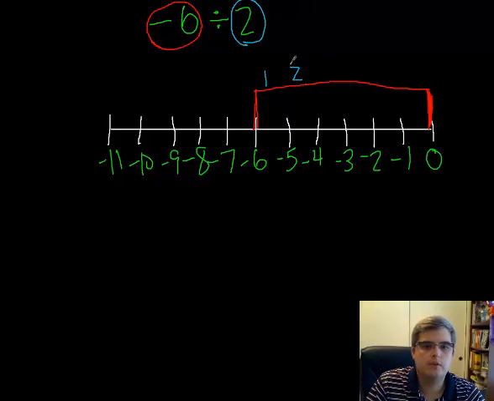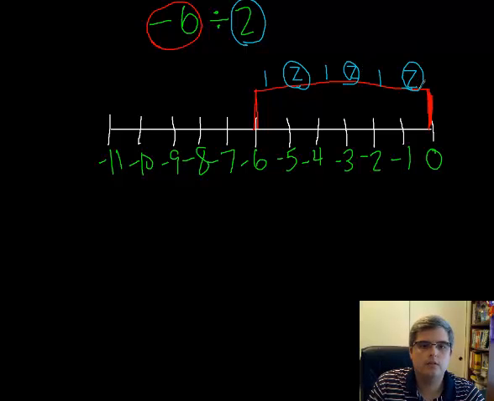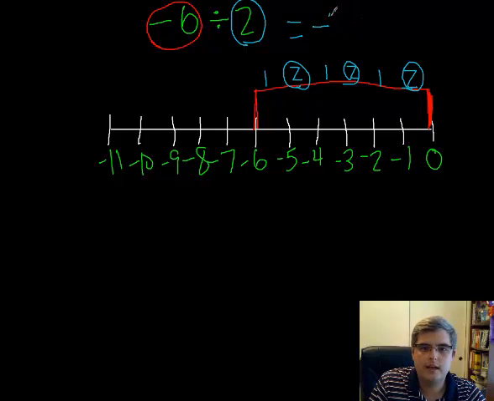Once you get to the number you have, you start over and number again. 1, 2, 1, 2. Now, how many 2's do you have? I have 1, 2, 3 2's. Now, but what's their value? This 3 sections, they're all in what? Negatives. So my answer is going to be negative. Negative 6 divided by 2 is negative 3.